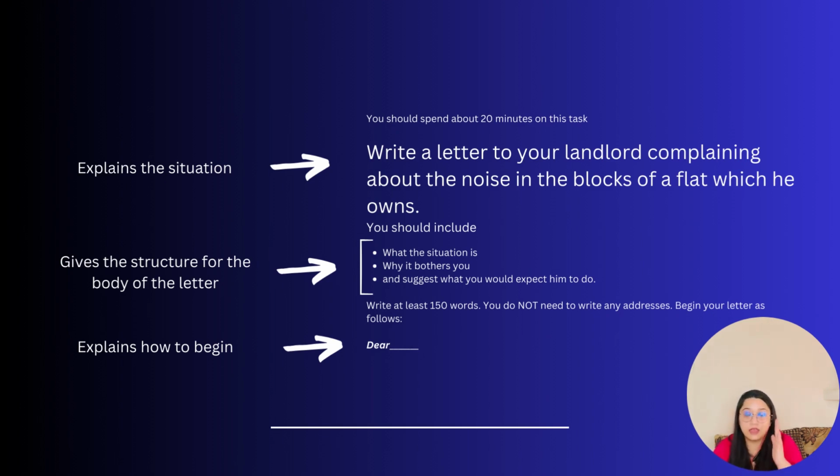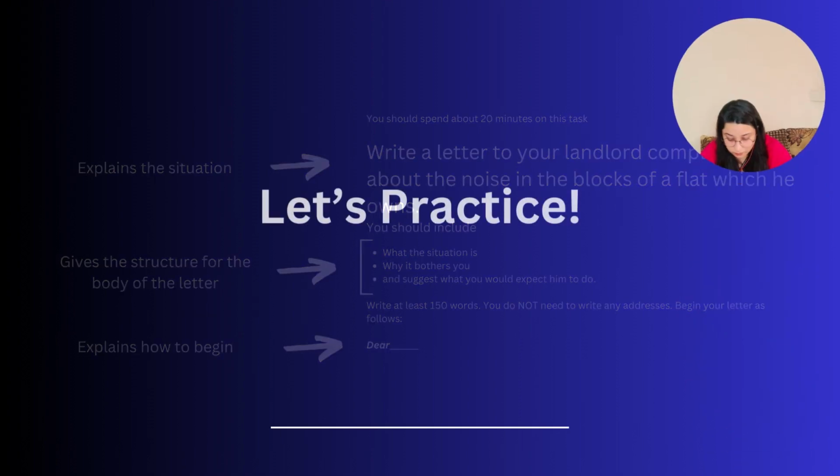So how you have to frame the body of the letter you get from these bullet points. The last part where you see dear dash means you know the person, so it can either be a semi-formal letter or an informal letter. If it was a formal letter, then it would be dear sir or madam.